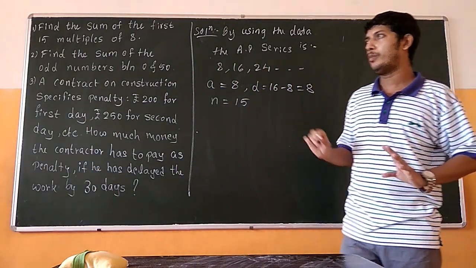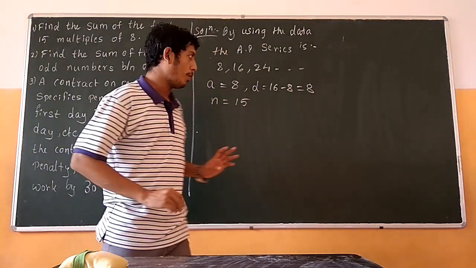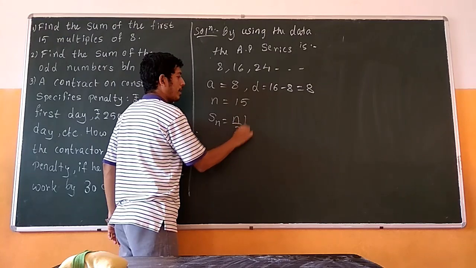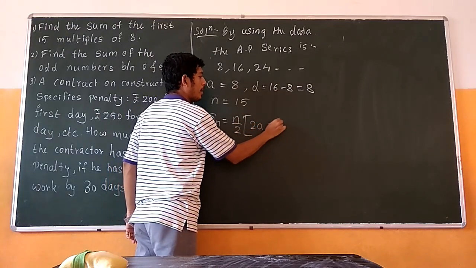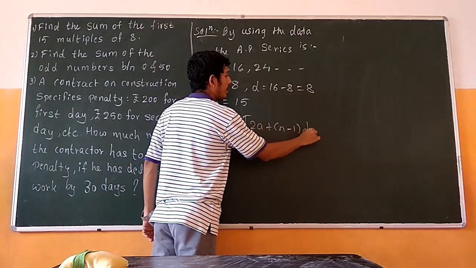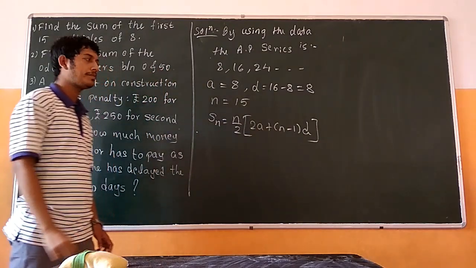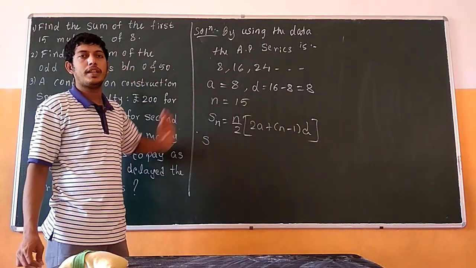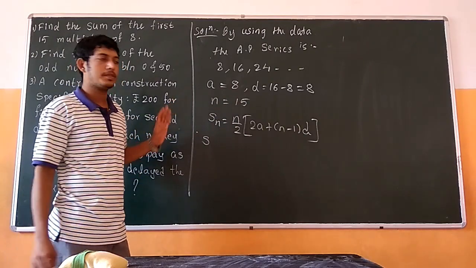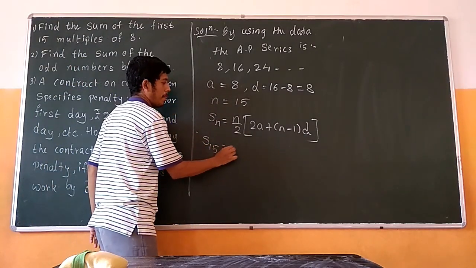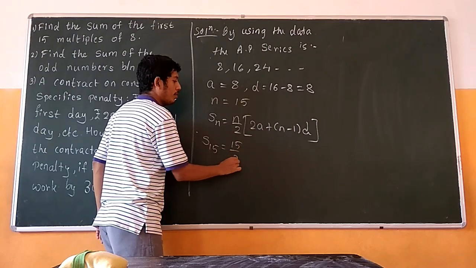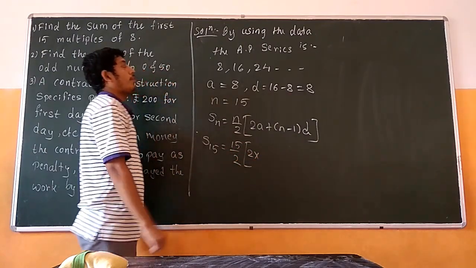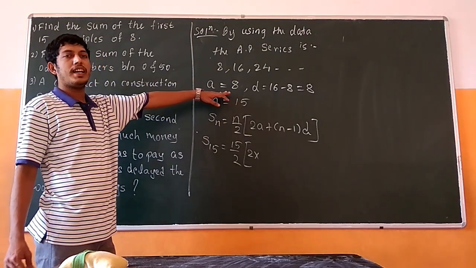So now we know the formula. First I will write the formula here. Sn is equal to n by 2 into 2a plus n minus 1 into d. So Sn becomes S15 because the total number of terms is 15. 15 by 2, 2 into the value of a, which is 8.